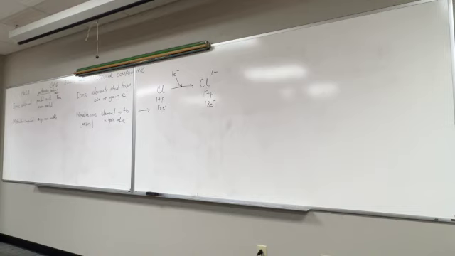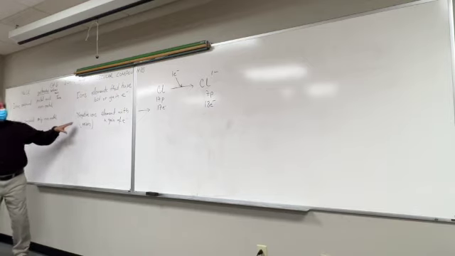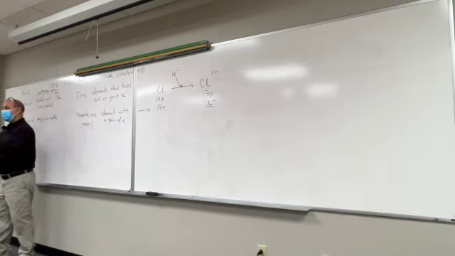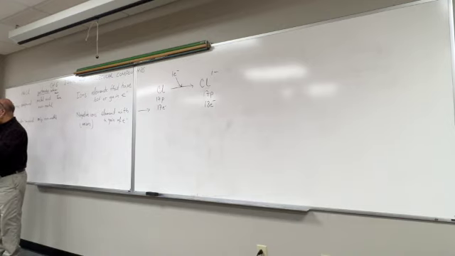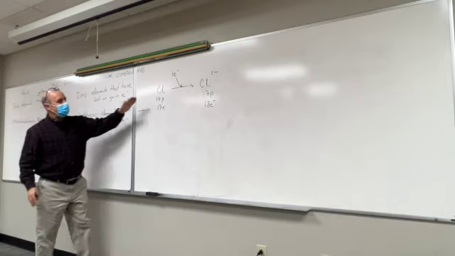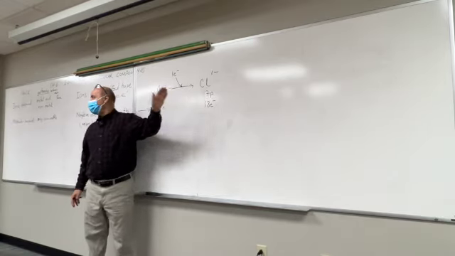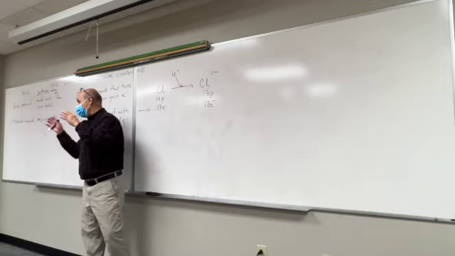Now here comes something that you have to try to remember. When we were dealing with the positive ions, sodium became sodium ion, magnesium became magnesium ion. In the case of the negative ions, chlorine becomes not chlorine ion, but chloride. So there's a difference.